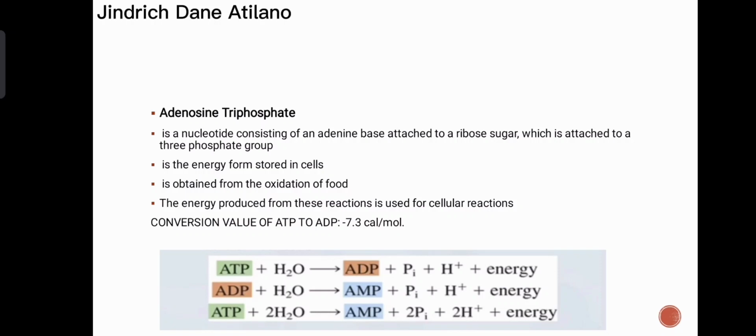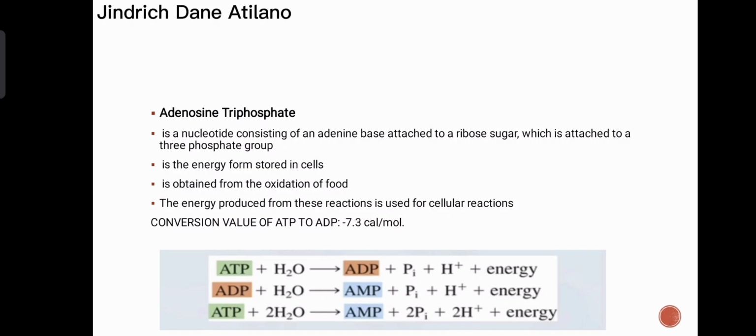After storing that energy, the free phosphate molecule is reattached to the ADP. If one phosphate was reattached to ADP, then it has three phosphate groups again, right? So it goes back to ATP.